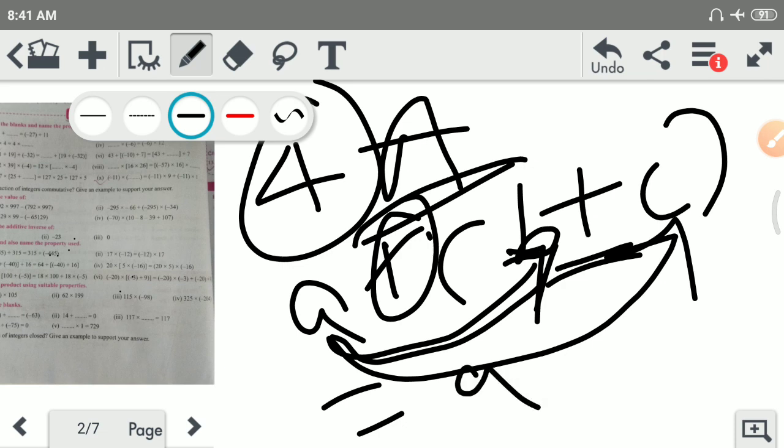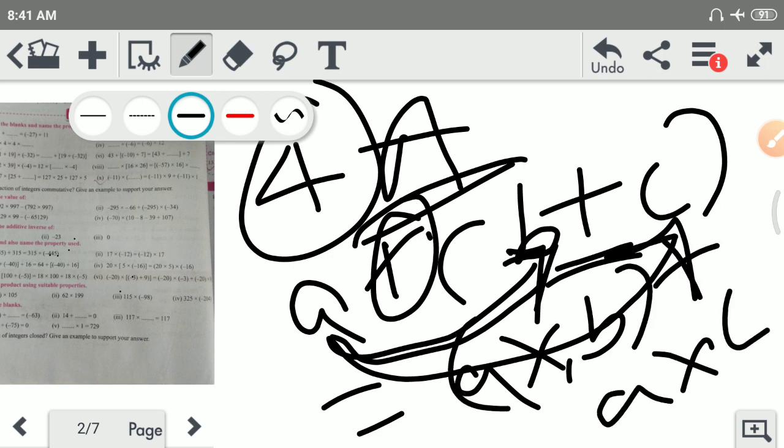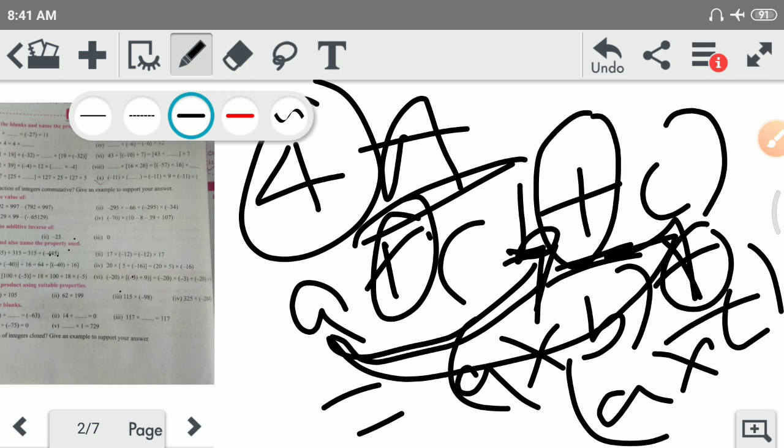So A into B plus A into C. Clear? Similarly, subtraction will also work like this. That means instead of addition you can put subtraction. Clear? Okay, I hope all of you understood and have been reminded about your properties.